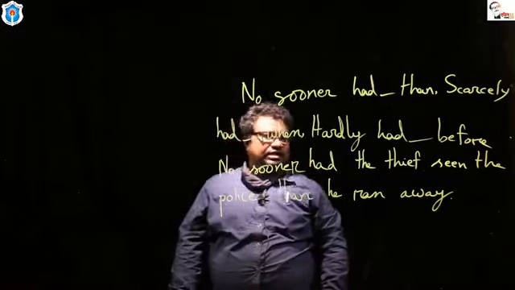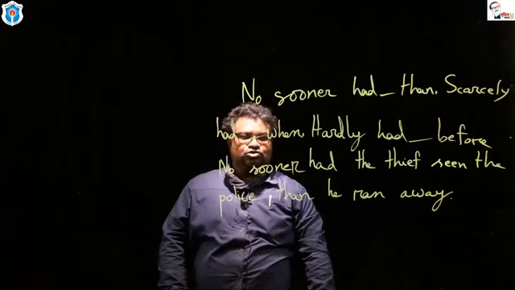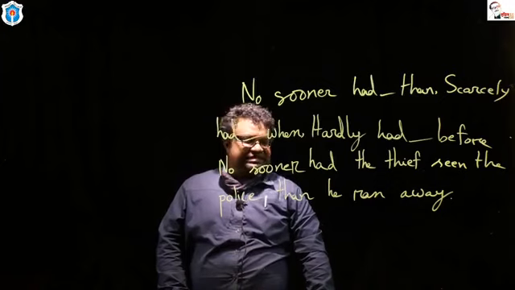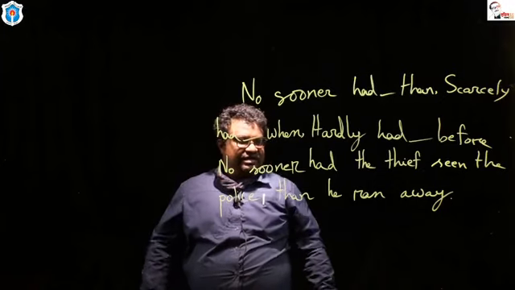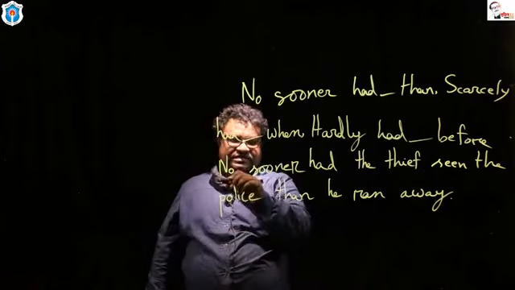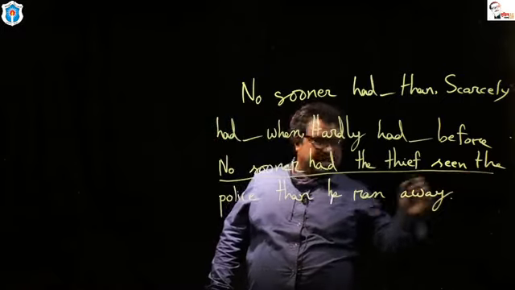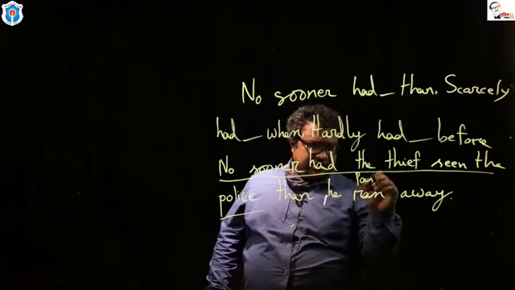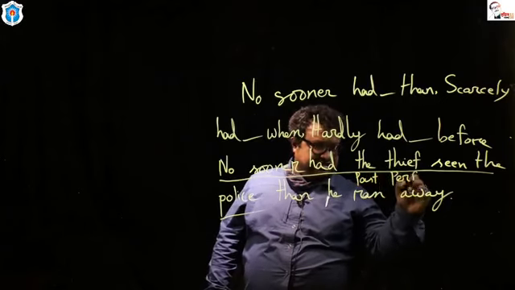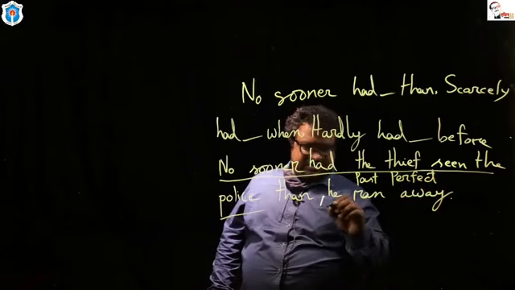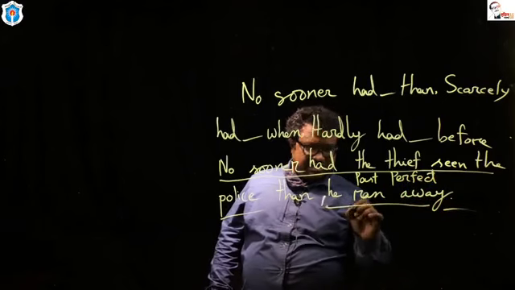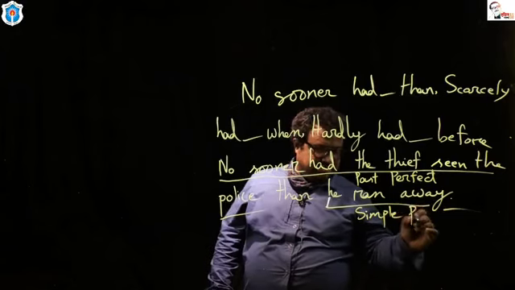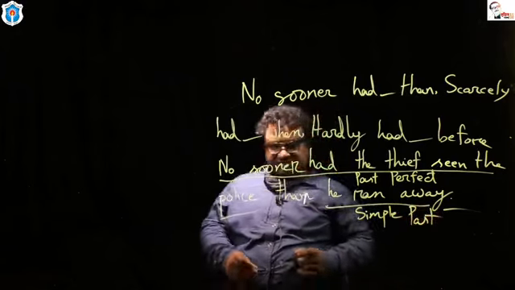Now this is the structure of no sooner had than. No sooner had the thief seen the police than he ran away. So the part with no sooner will be in past perfect, and this one is in simple past.